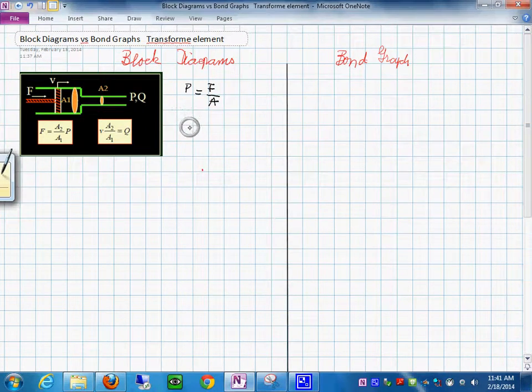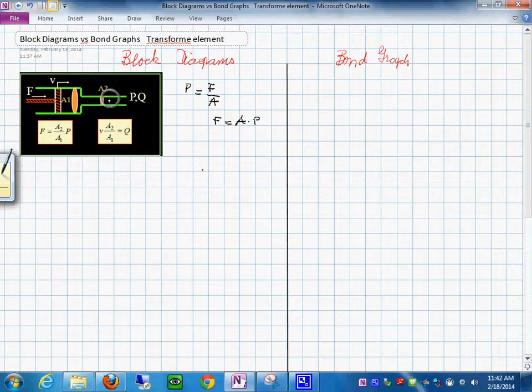Remember, by Pascal's principle, the pressure will have to be the same, distributed in all of this. So here you have the mechanical side and the hydraulic side. Always the force over here has to be equal to the area times the pressure, right?